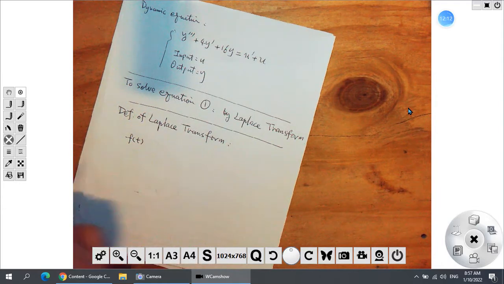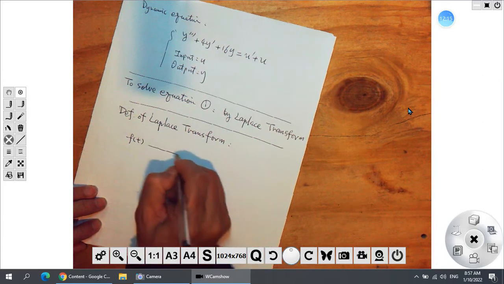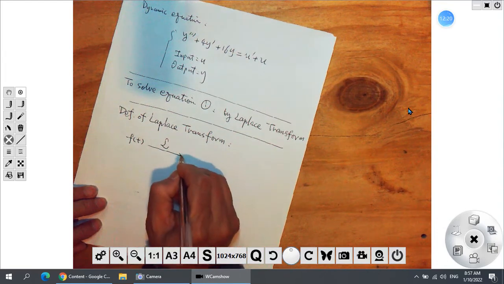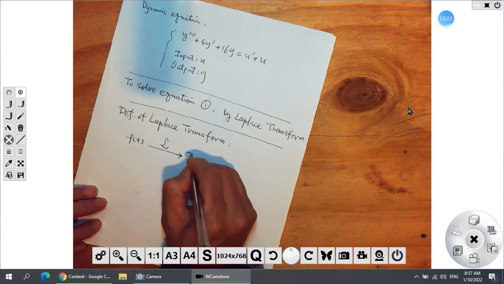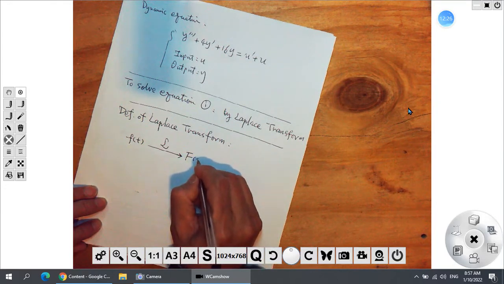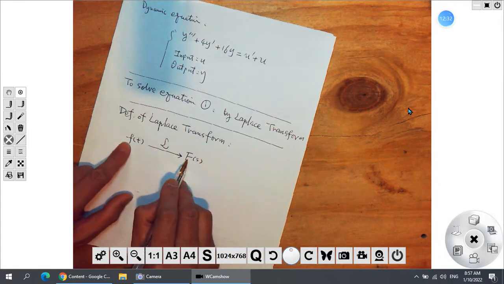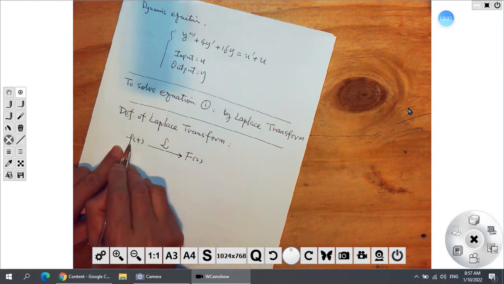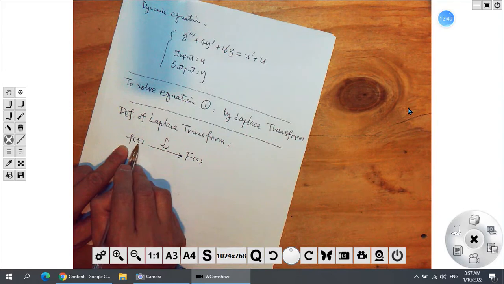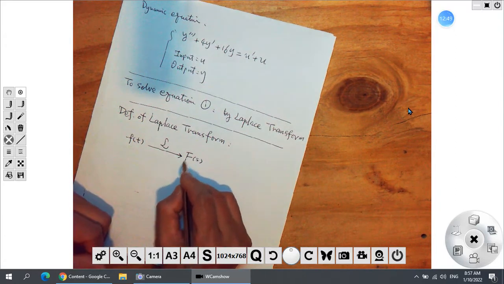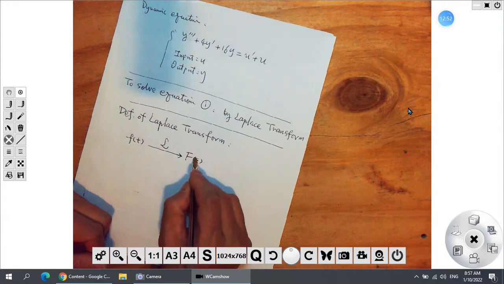Then the Laplace transform, I put a capital arrow here, means Laplace transform, and here we will have a function capital F of the variable s. Here is a lowercase f and a capital F, the same letter, but one is lowercase, one is capital. The lowercase letter we use for a signal, a function of time t, and this capital F means it is after the transform.